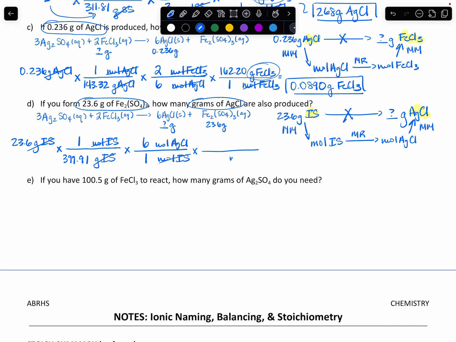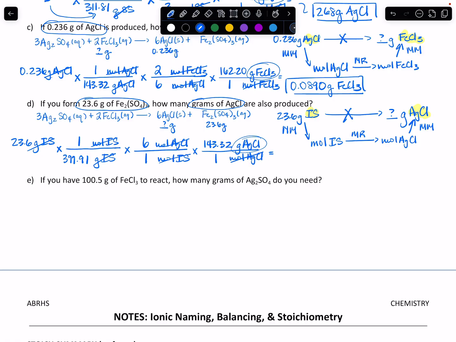One more. I need to convert moles of silver chloride to grams of silver chloride using its molar mass. And I know that 1 mole of silver chloride has a mass of 143.32 grams, as I calculated with the periodic table. So that's going to let me cancel the moles of silver chloride. Everything's canceled out except grams of silver chloride, which is what the problem asked me to find.